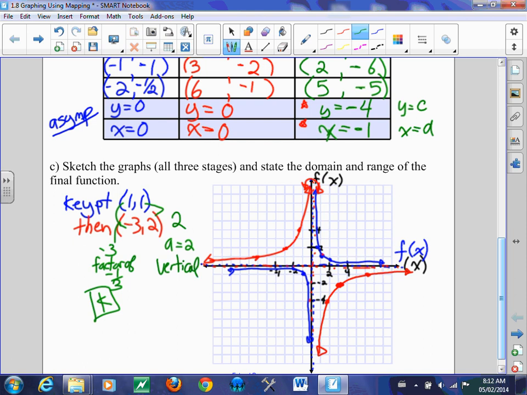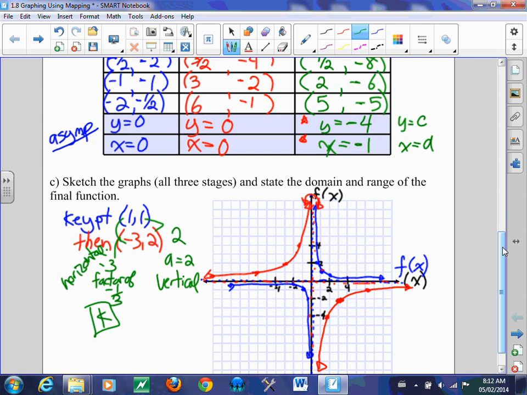Whereas this one's the horizontal. You'll get that later on. I'm just trying to get you to be able to develop the equation from a graph, because that will be coming later too.